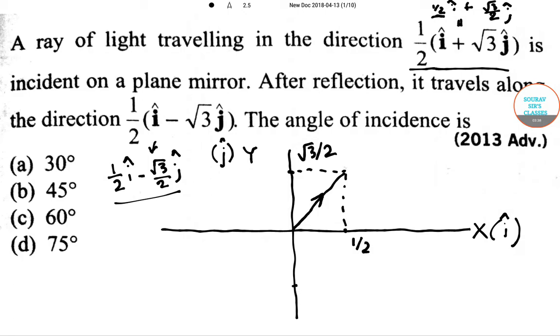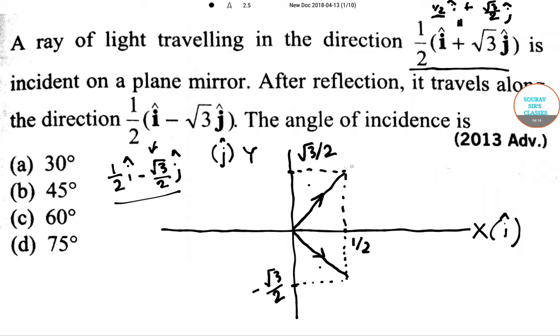Let us assume this is minus of root 3 divided by 2. Hence the direction of reflected light will be this. Now see, this is the direction of incident light and this is the direction of reflected light.